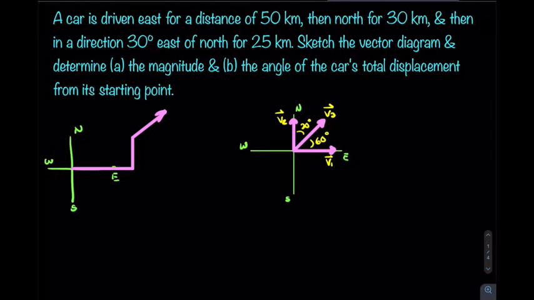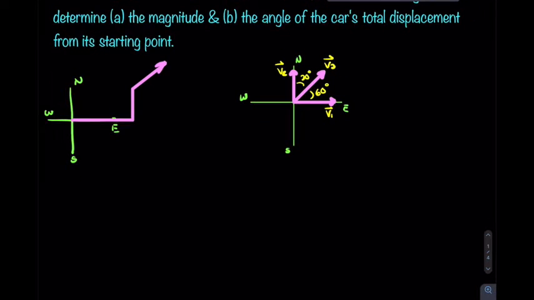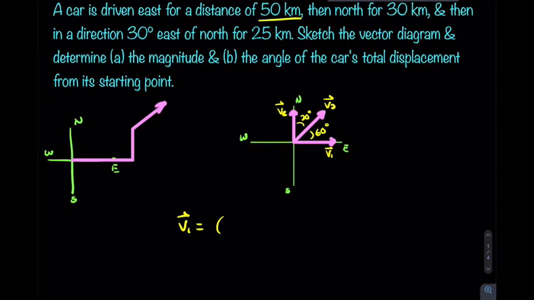So let's find our total displacement. What we're going to do to find that is first separate all of our vectors into their components, then sum all of their components into one displacement vector. Vector 1 is 50 kilometers east, so in this direction it goes 50 kilometers, and in the north direction, none.